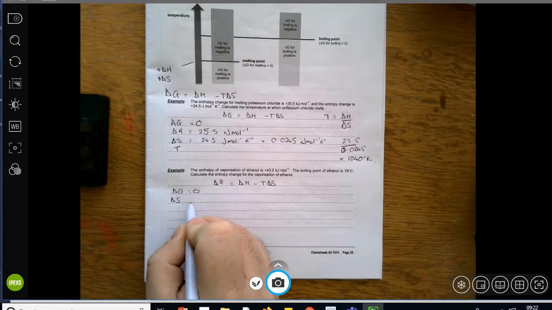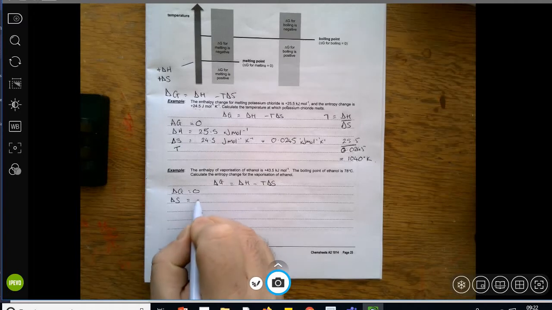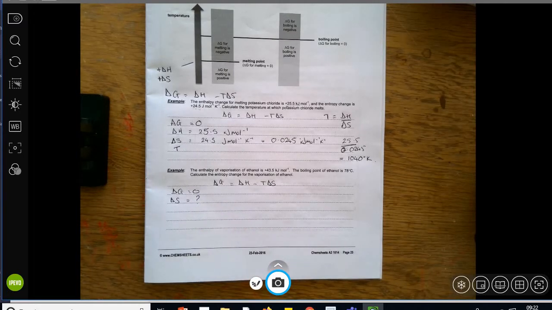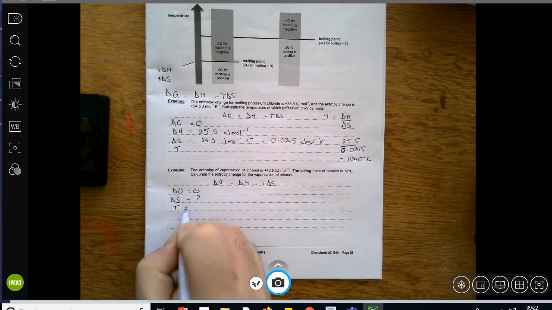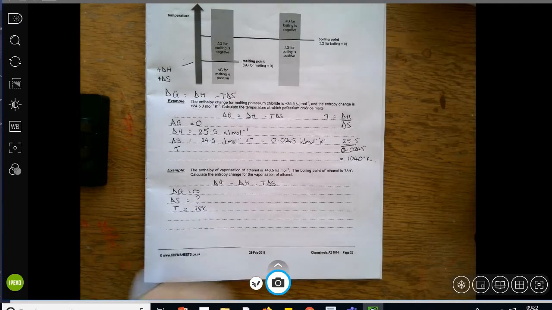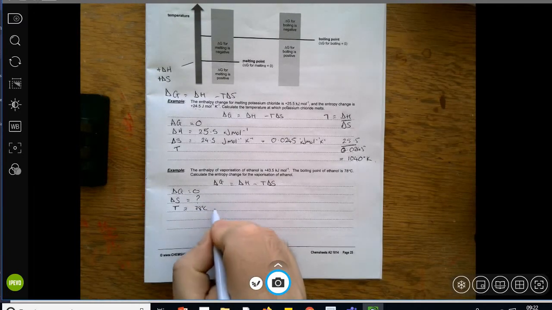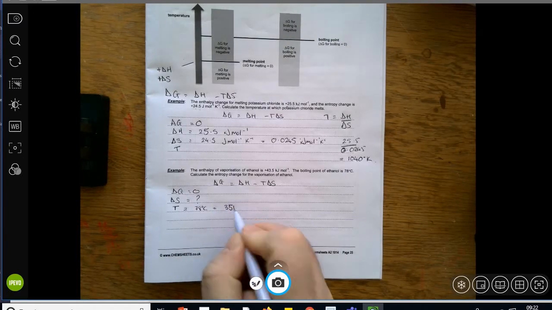Delta S is our question mark, that's all we're working out. T is 78 degrees C, which is equal to 351 Kelvin.